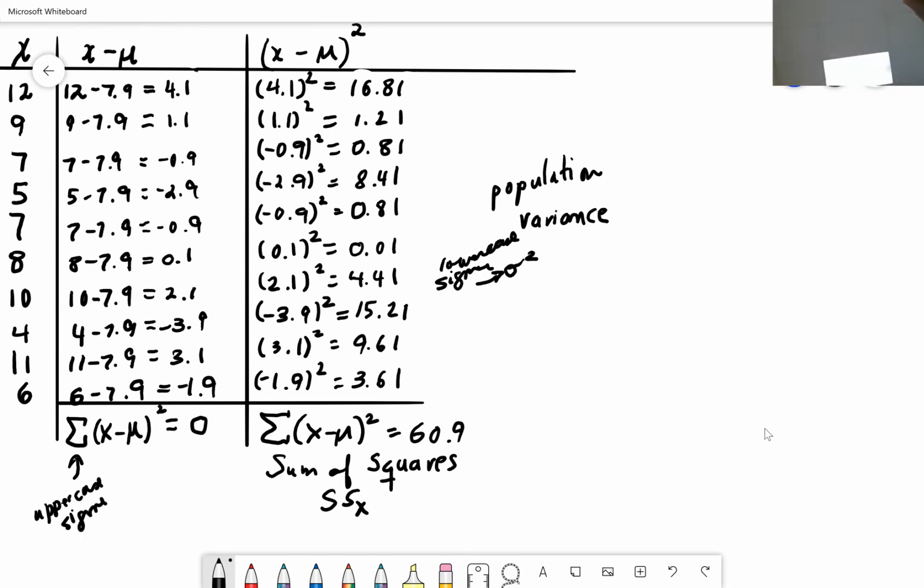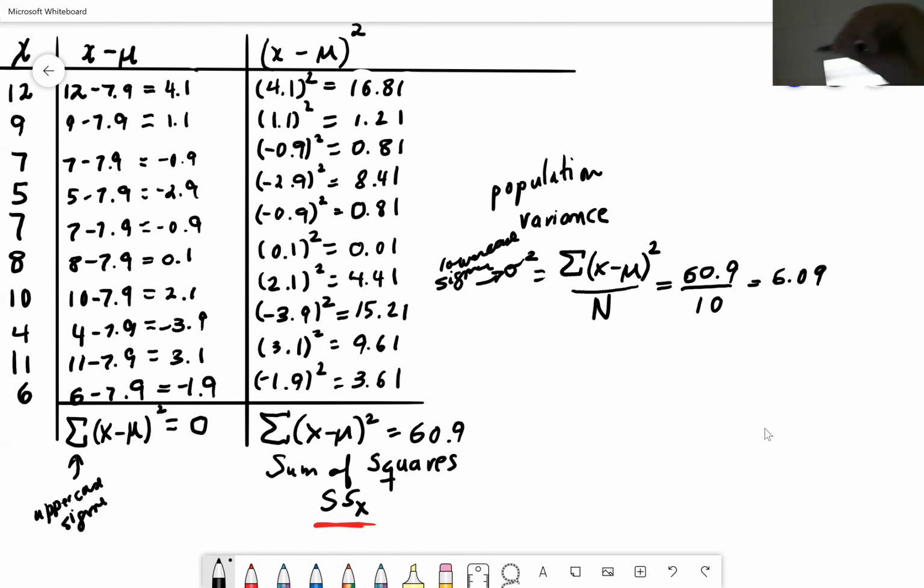So lowercase sigma squared must equal the sum of my deviations squared, in other words this here, divided by the amount of numbers I have, or the size of our set of numbers. So that's going to be 60.9 divided by 10. So that's going to be 6.09.